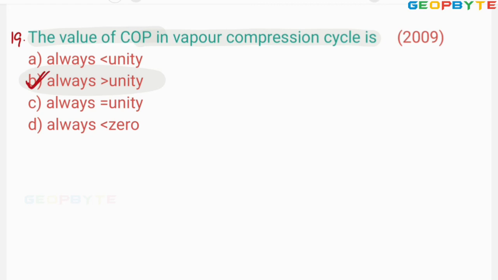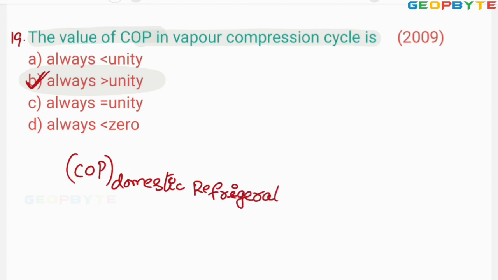Even for our domestic refrigerator, COP of domestic refrigerator is also greater than 1.